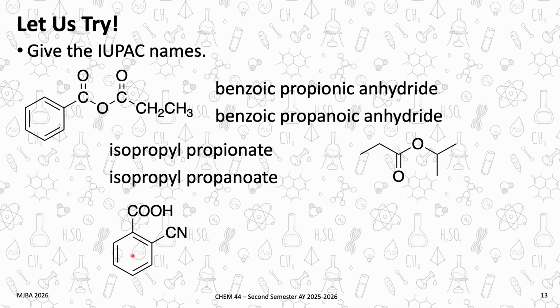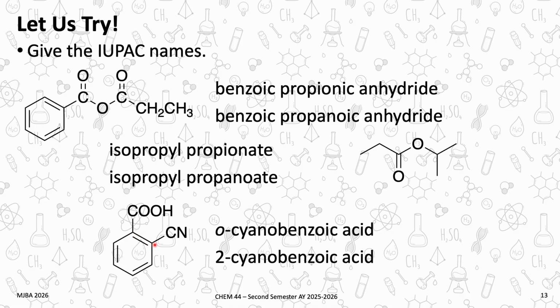Specifically, since it has the aromatic ring, this is a benzoic acid, and the substituent CN cyano will be at the 2 position or the ortho position. So this is named as ortho-cyanobenzoic acid or 2-cyanobenzoic acid.